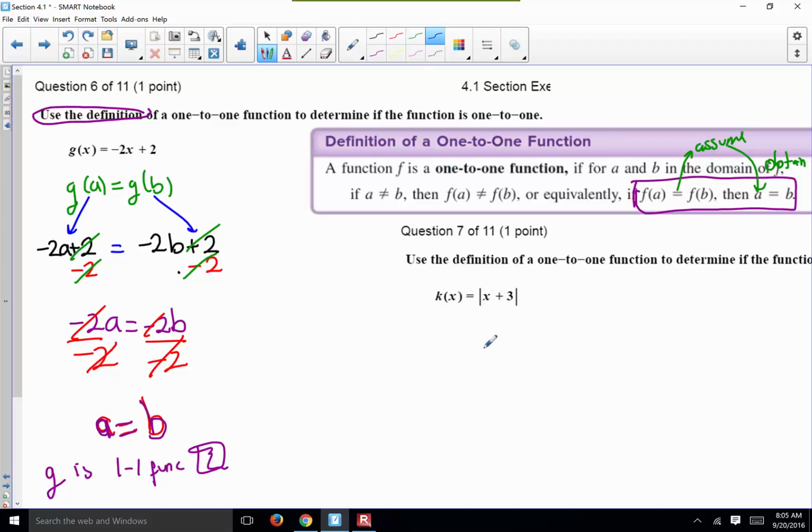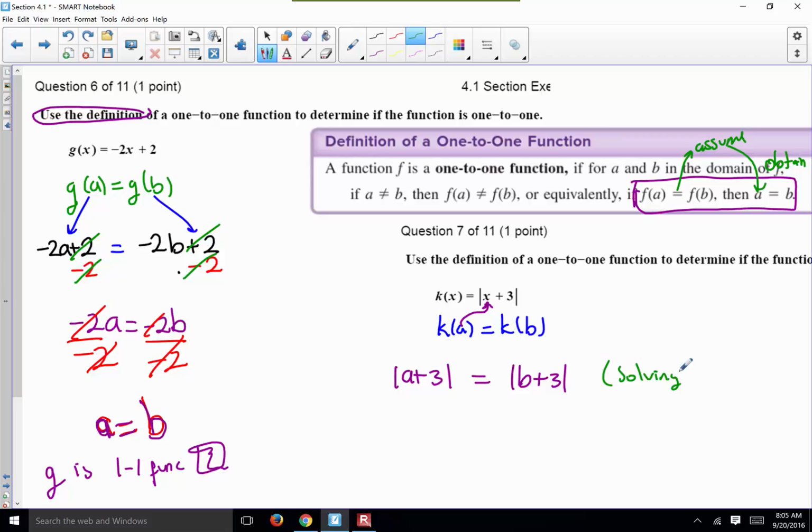Let's do it. You start with K(a) equals K(b). You plug in a and b there, right? What is K(a)? It is absolute value of a plus 3. What is K(b)? It's absolute value of b plus 3. Now, this question belongs to solving.